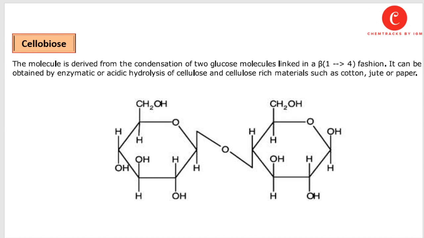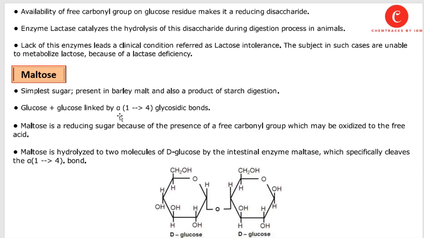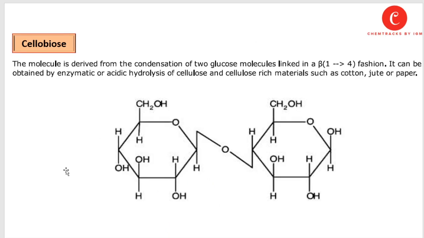Both are a combination of two glucose molecules, but in maltose they are joined together via an alpha 1,4 glycosidic bond, while in cellobiose the two glucose molecules are joined together in a beta 1,4 fashion. You can see the difference. This is the beta 1,4 linkage. It can be obtained by the enzymatic or acidic hydrolysis of cellulose and cellulose-rich materials such as cotton, jute, or paper.